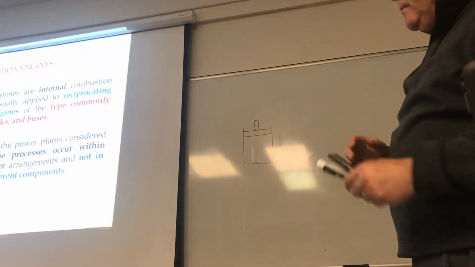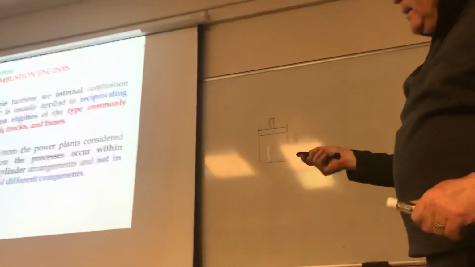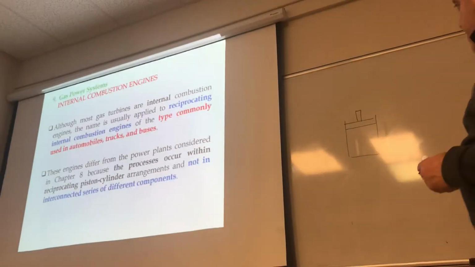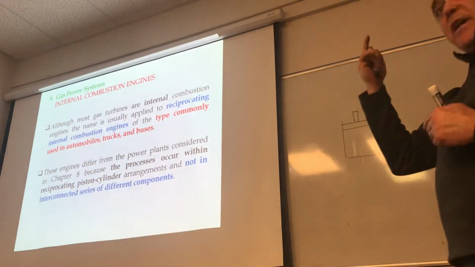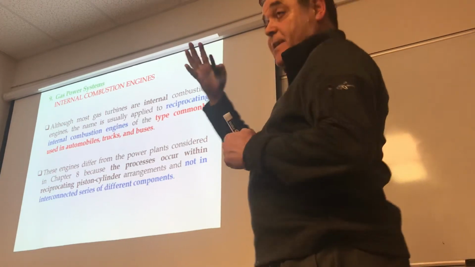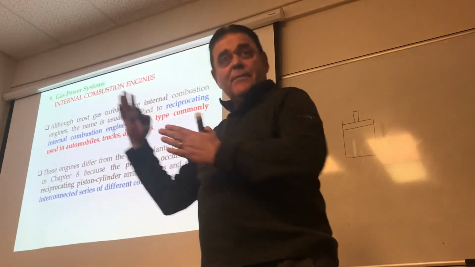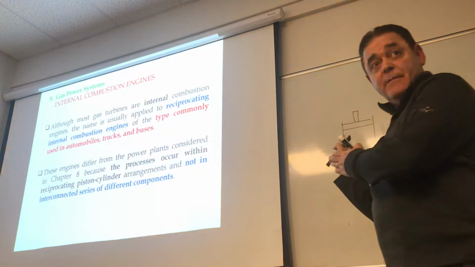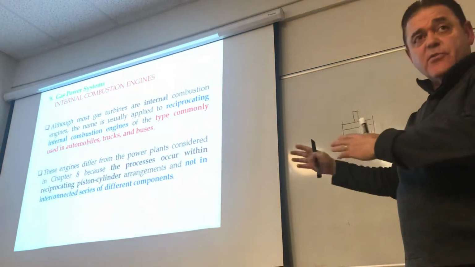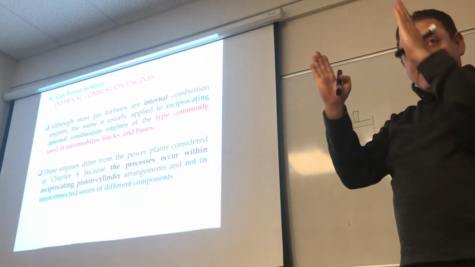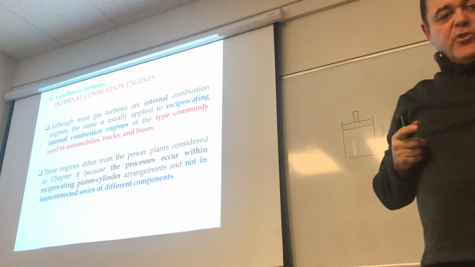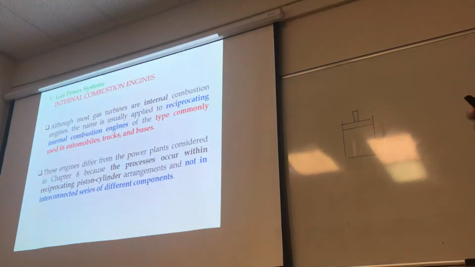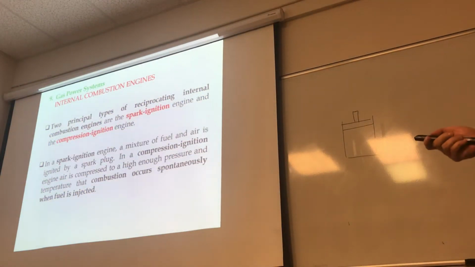The other thing too, what is the difference between this and the vapor power cycle? We know that for the vapor power cycle, we have 4 open systems that are interconnected. This one, there's no turbine here, no condenser. You just have one cylinder with stuff in it that gets recharged every cycle.